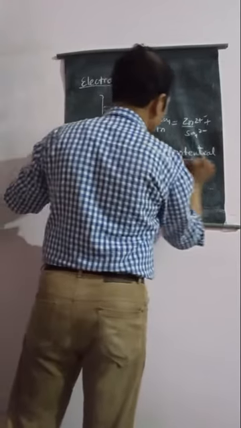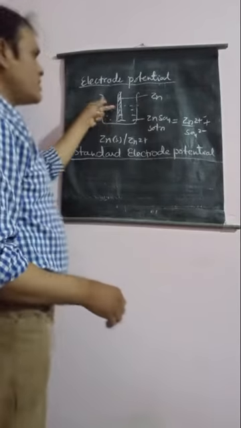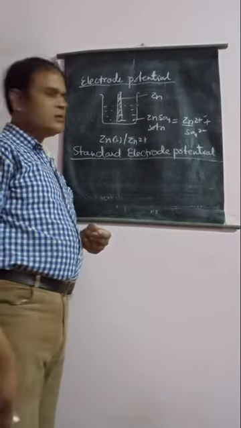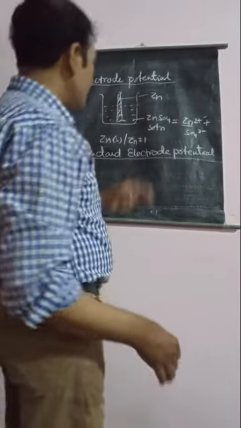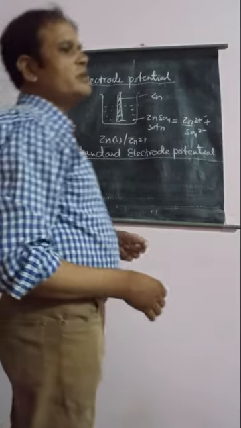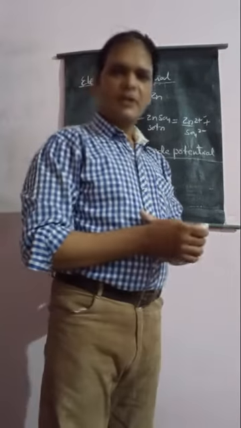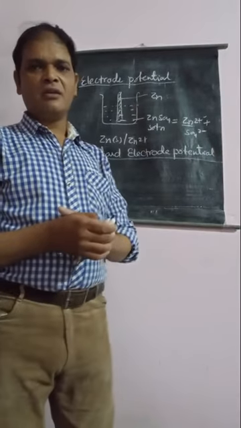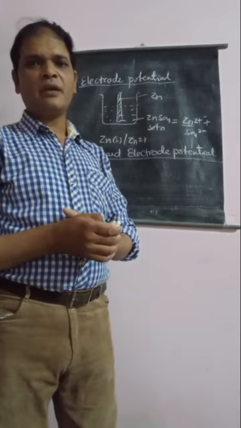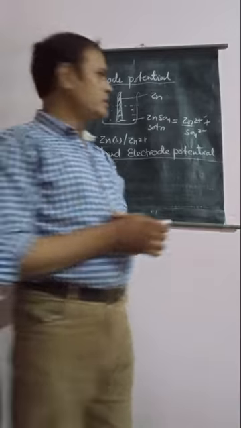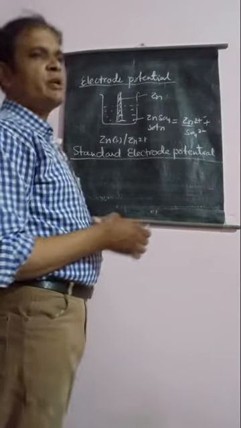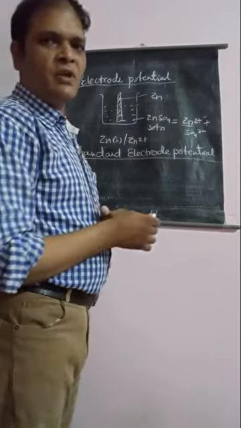Actually, the electrode potential in this particular case can be found out without using any particular condition. But standard electrode potential depends upon particular conditions. If we find out the electrode potential of any half electrode, like an anode or cathode, under those conditions, we say that it is the standard electrode potential.